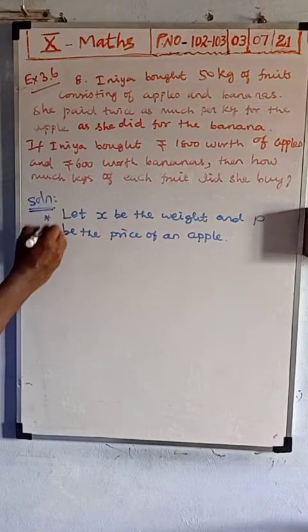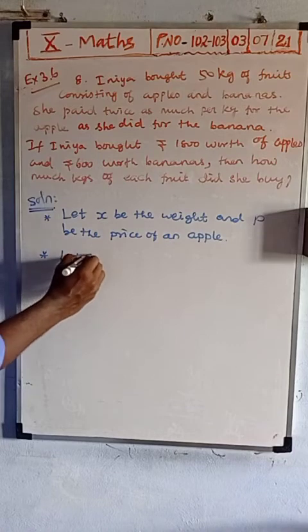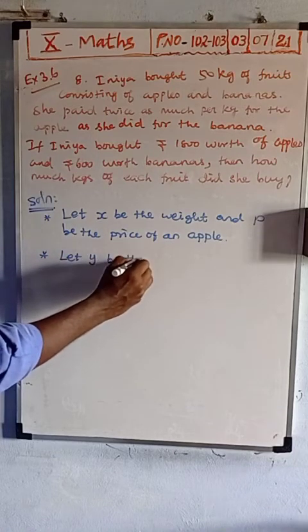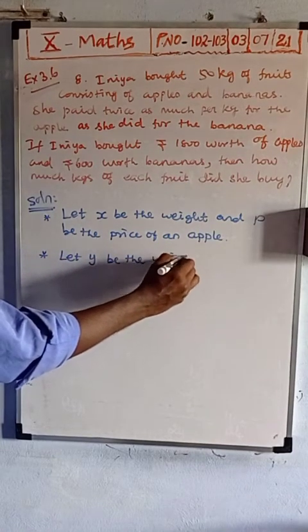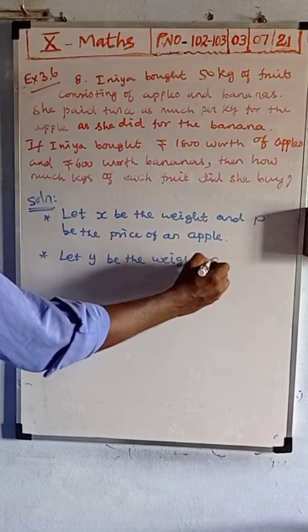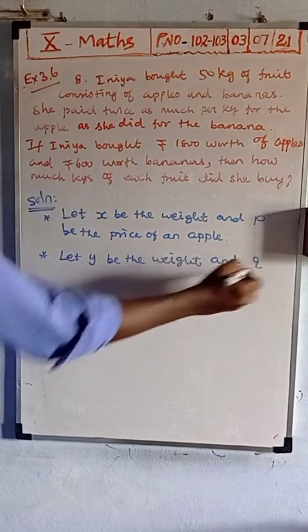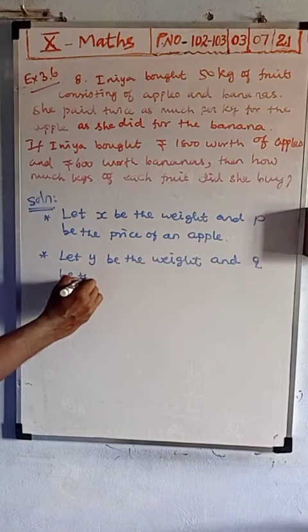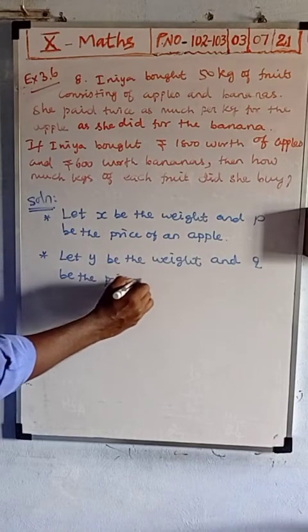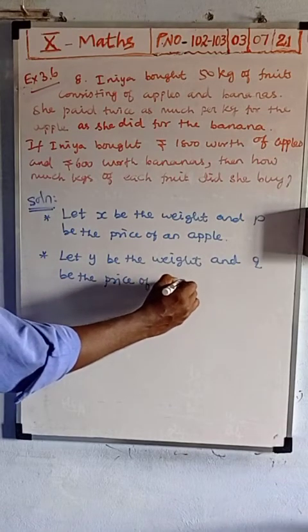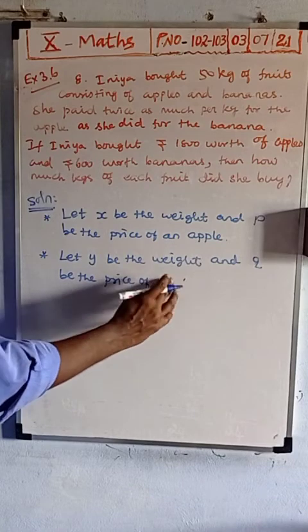Next you choose, let y be the weight of a banana and q be the price of a banana.